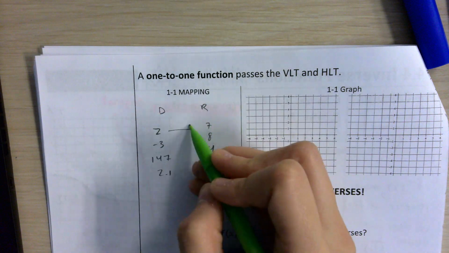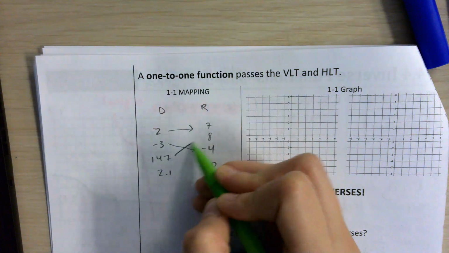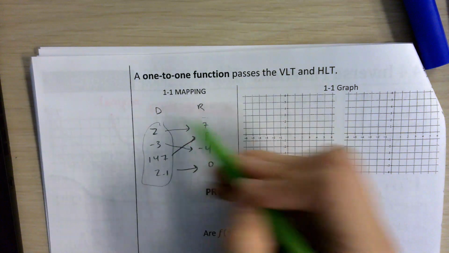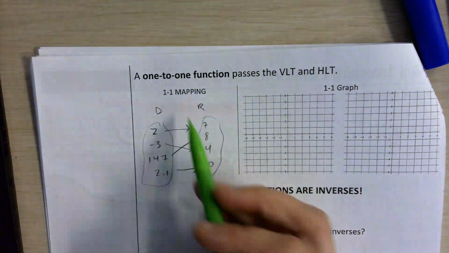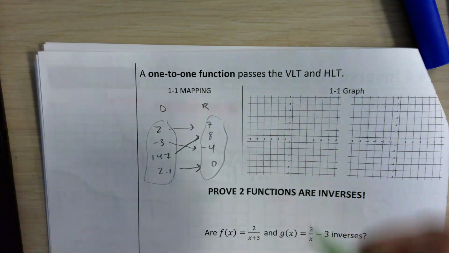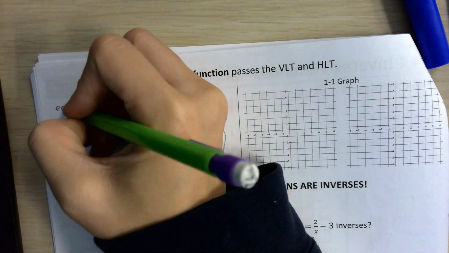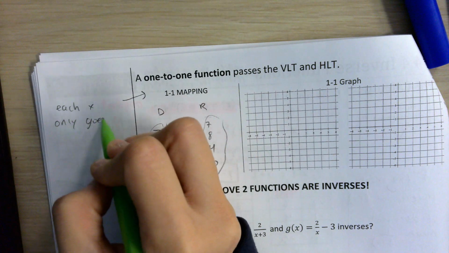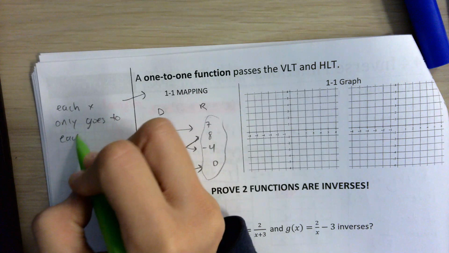I could only have each one go exactly to 1 point, right? So this is one-to-one mapping, right? Each x only goes to each y.